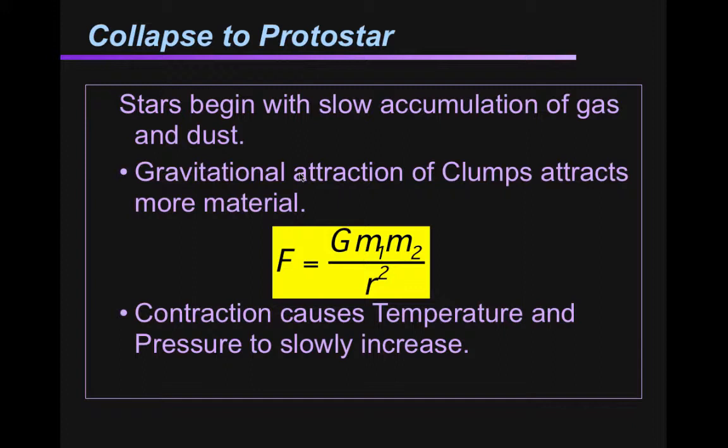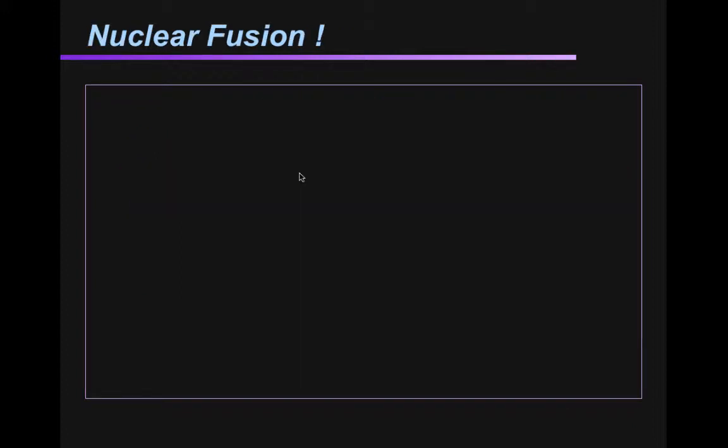And then it gets more mass, and that more mass pulls in more dust and more gas, and that gets yet more mass, which pulls in yet more dust and gas, and it pulls closer and closer together. And this contraction, or this pulling together, causes the temperature and pressure of this big ball of gas and dust to slowly increase.